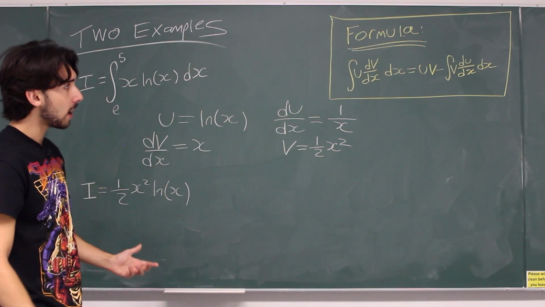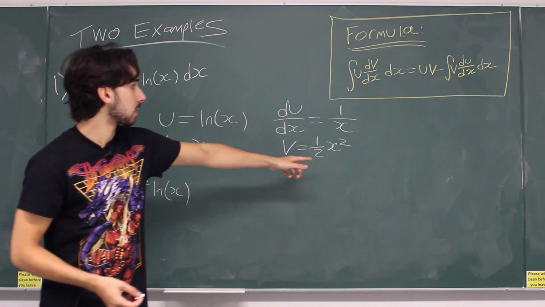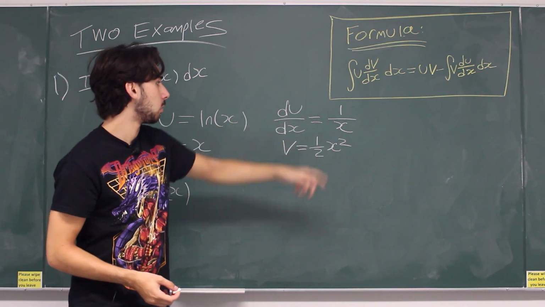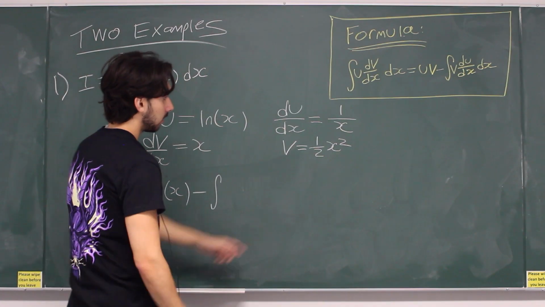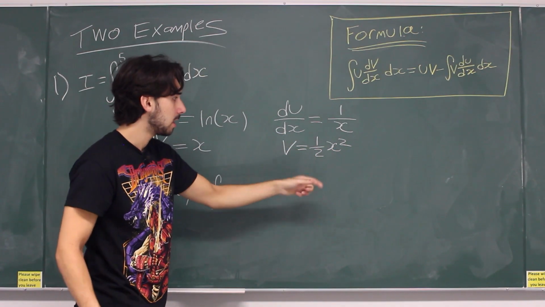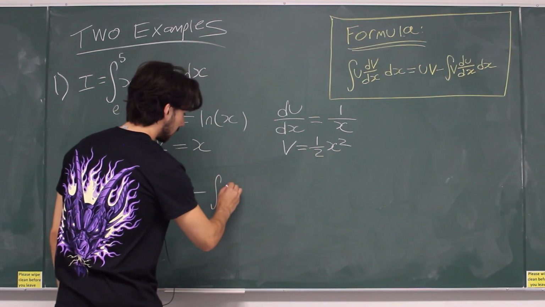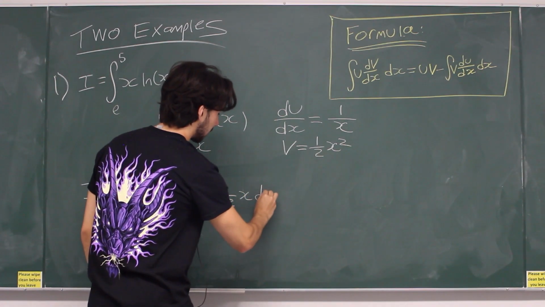And we're going to take away the integral of v times du dx. V is a half x squared and du dx is 1 over x. So we're going to take away the integral of half x squared times 1 over x, we're basically just dividing by x. So it's a half x in the integral, so minus a half x dx.